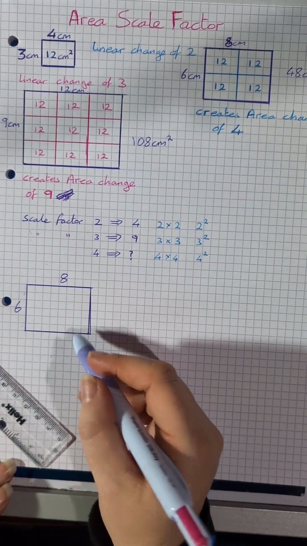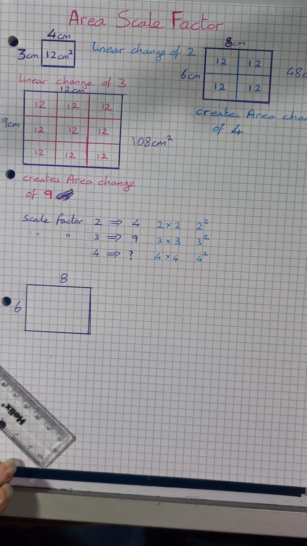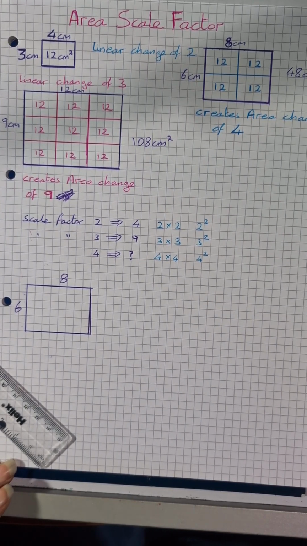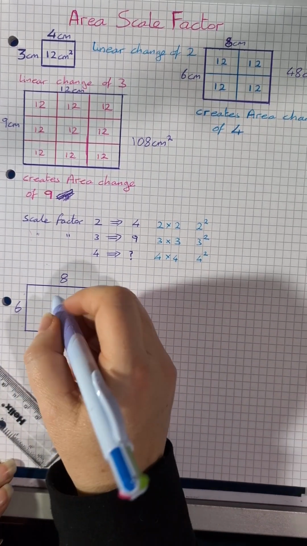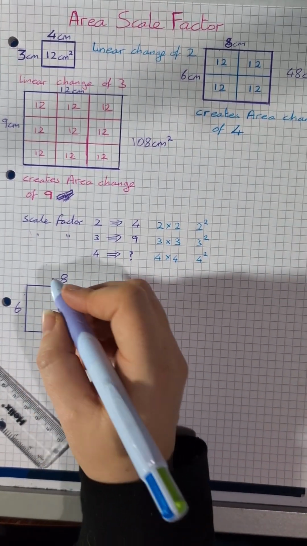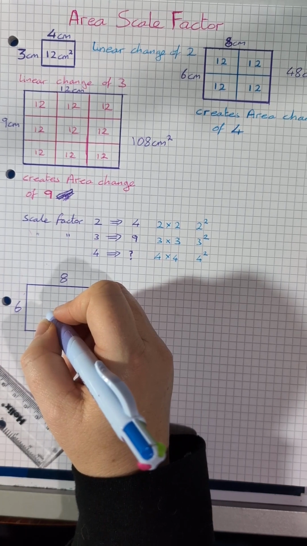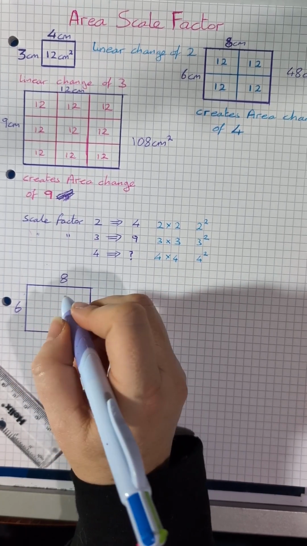Right, so in this one, I've got a shape that's 8 by 6. If I wanted to work out the area of another shape with a similar length side, I would have 8 times 6 is 48.